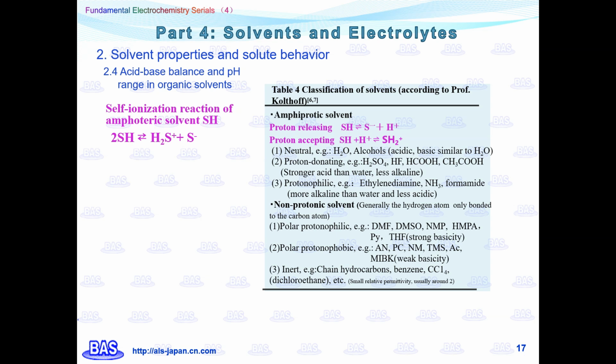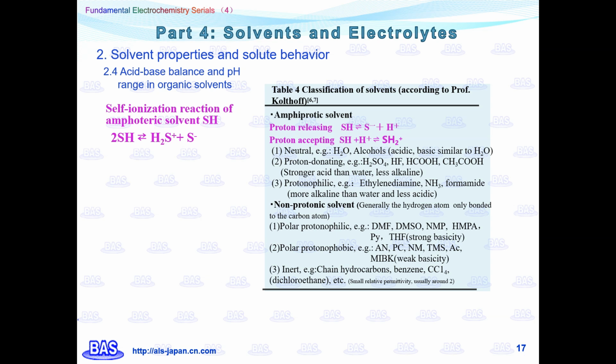For non-protonic solvents, generally, due to very weak proton-donating properties, it is difficult to obtain the chemical composition corresponding to the S- ion. Even if weak self-ionization can occur, the obtained Ksh value is often not very accurate.